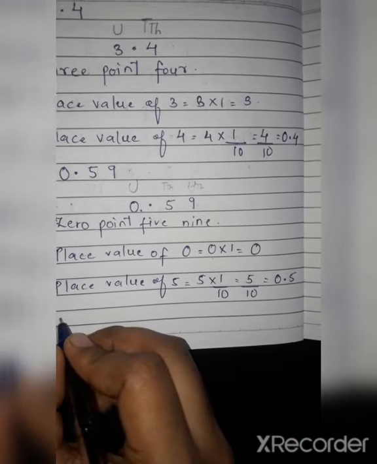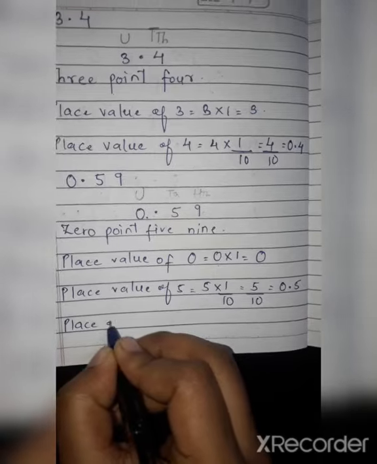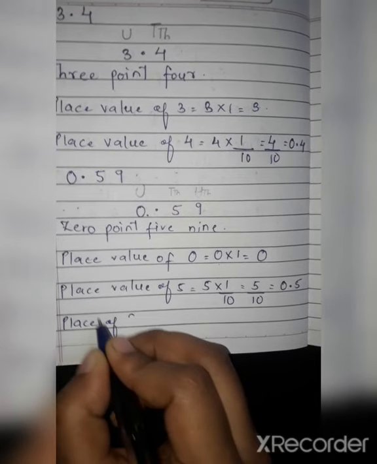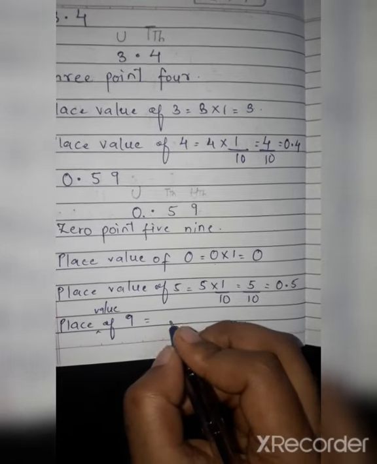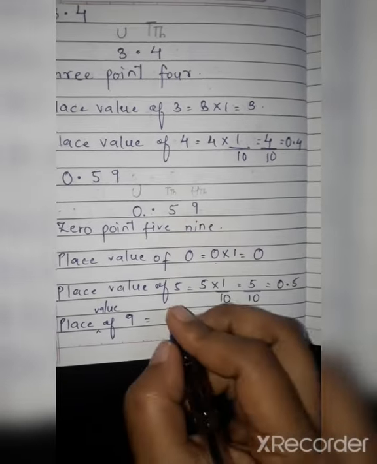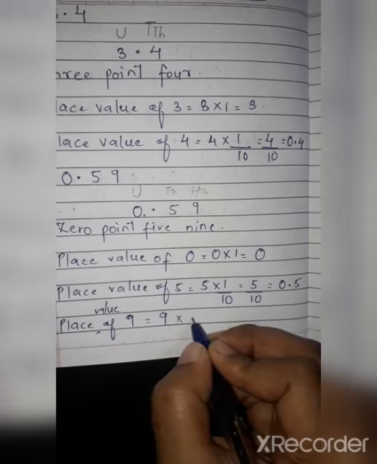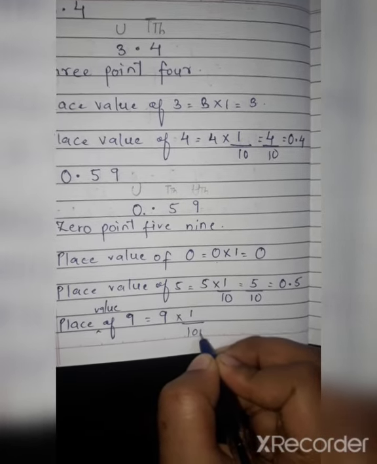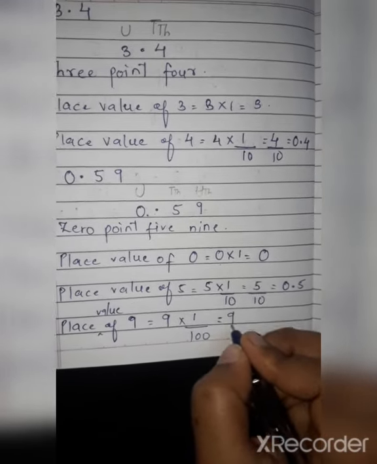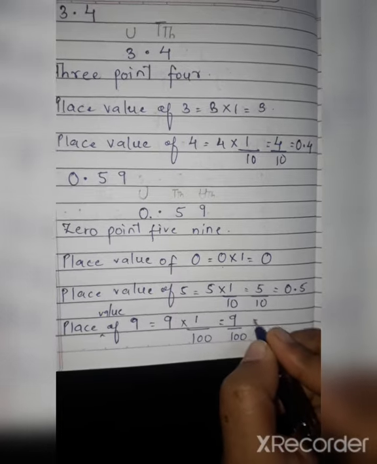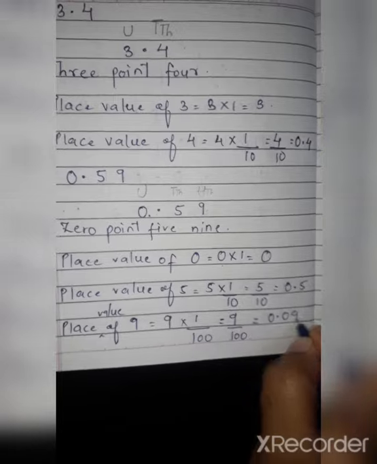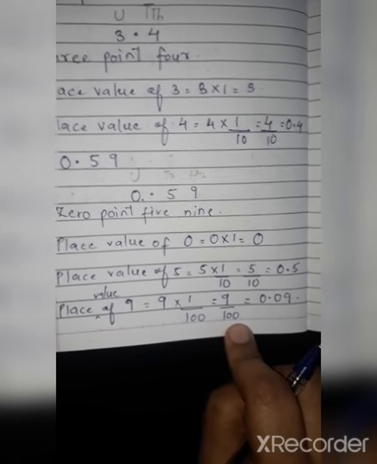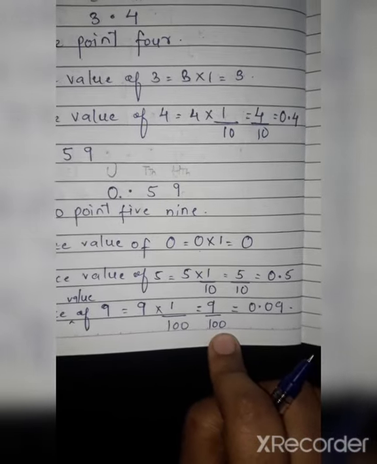Now we will write the place value of 9. 9 is at which place? Hundredths place. We multiply 9 by 1 upon 100. So it becomes 9 upon 100, and your decimal will be 0.09, because the denominator is 100.